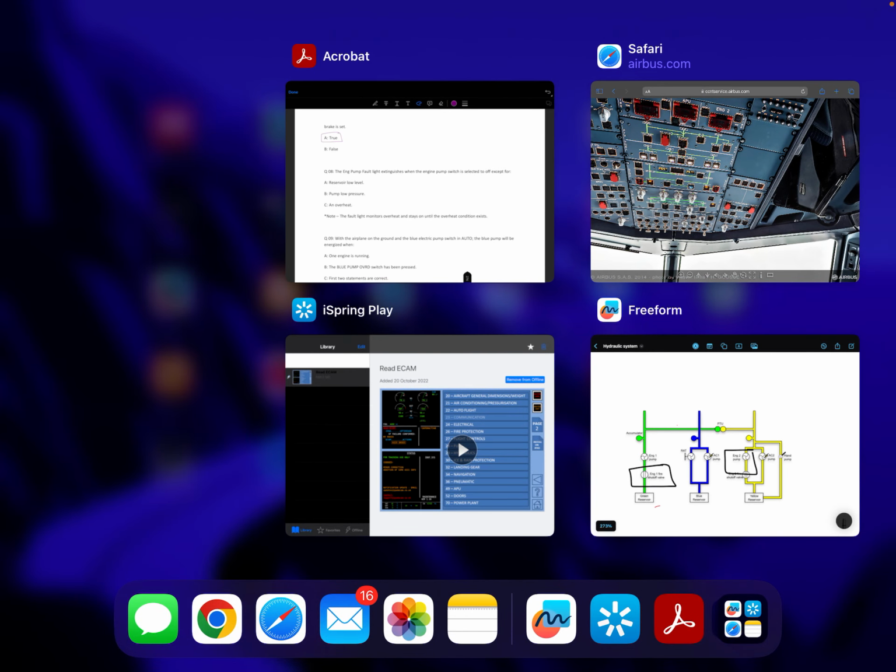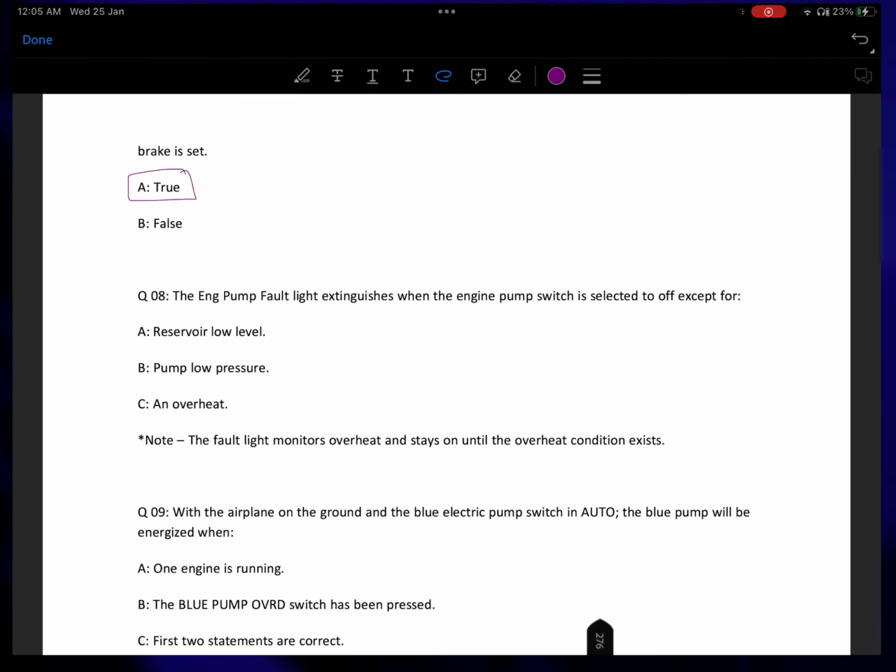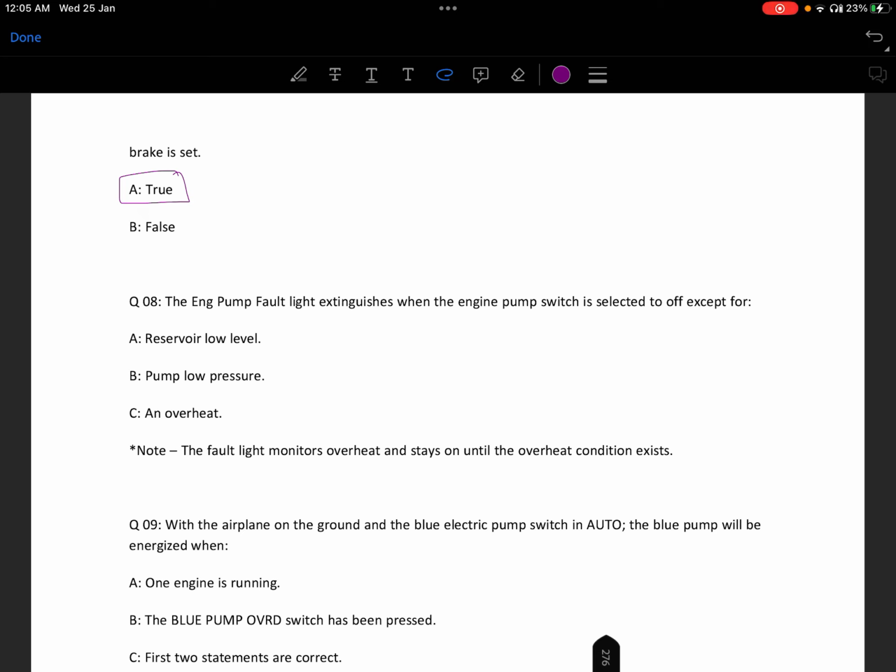Whenever you press this push button, in case of any fault like reservoir low quantity, fluid high temperature, reservoir low pressure, or any other reason, this fault light extinguishes.